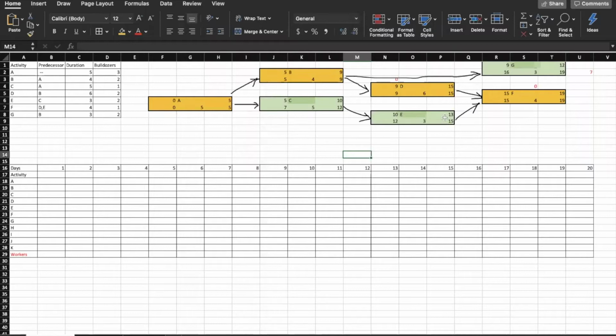Going to E, we have 13 and 15, which gives us a difference of 2 days that we have a wiggle room to work with.